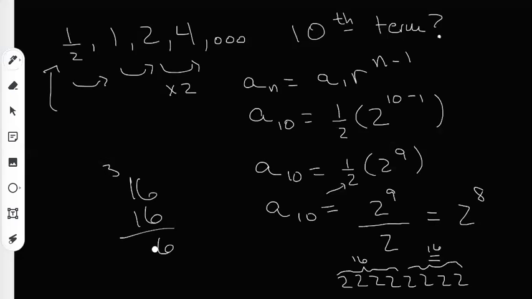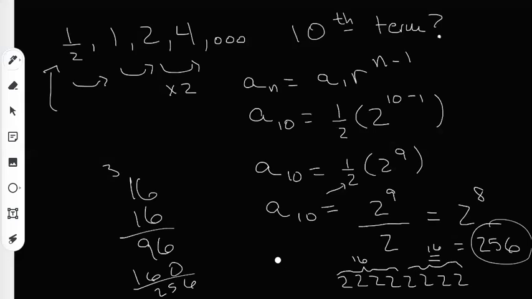Carry the 3. 0, 6, 1. 256. So now that you know enough numbers, you can just put them into the formula and then figure out what you're going to get. So that's my geometric nth term.